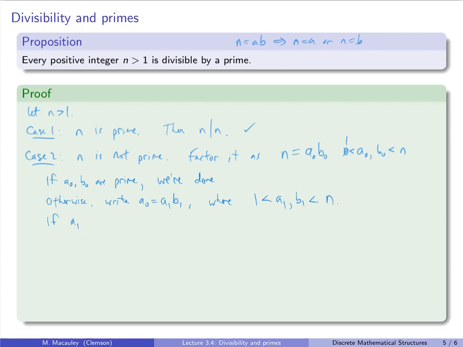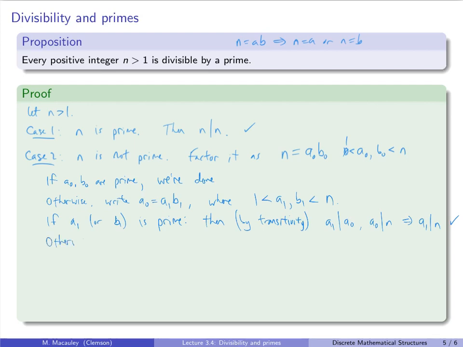And we can keep going. If a1 or b1 is prime, then, by the transitivity of divisibility, let me just remind you what this is, then a1 divides a naught, and a naught divides n, so a1 divides n, and we're done.